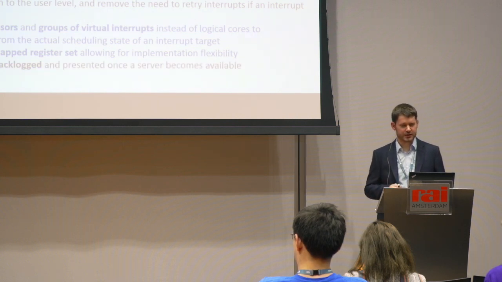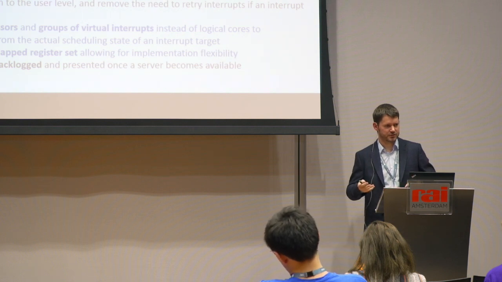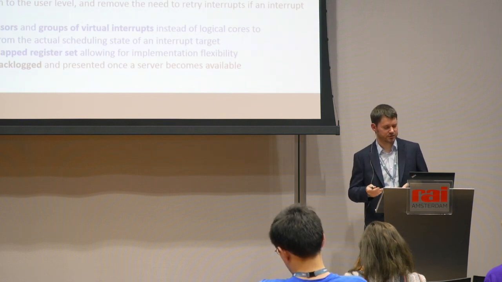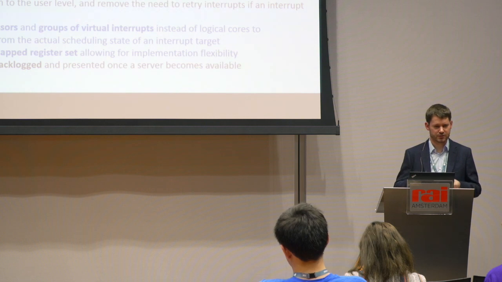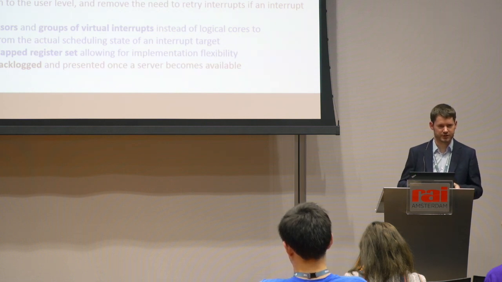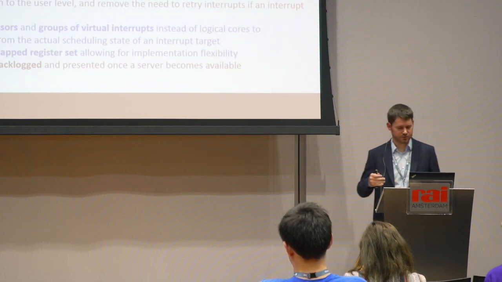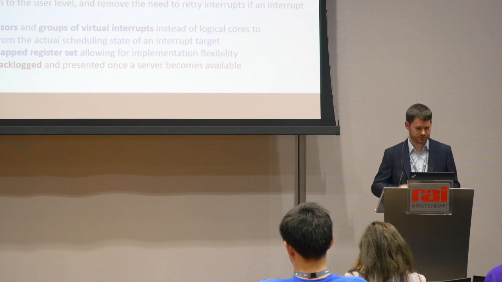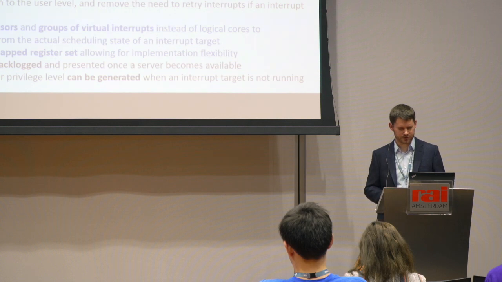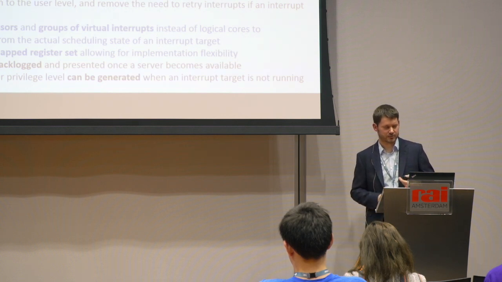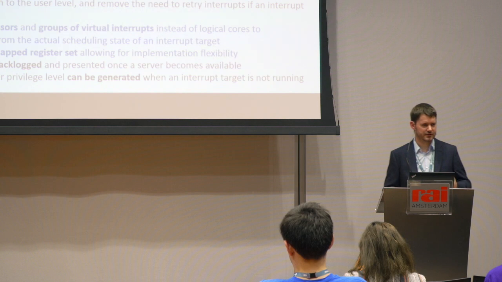If you have pending interrupts, which means that there are event queues with interrupts logged on them that haven't been processed, and we can't find a processor to serve them right now, we have a backlog structure to remember that we still have to process certain event queues. We also introduced escalation interrupts.